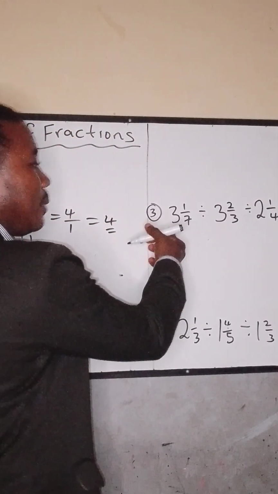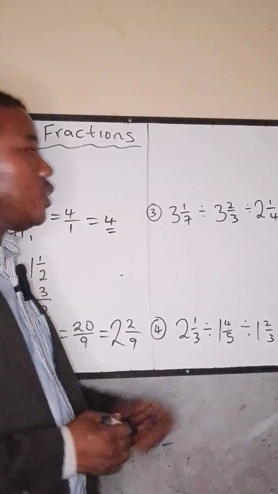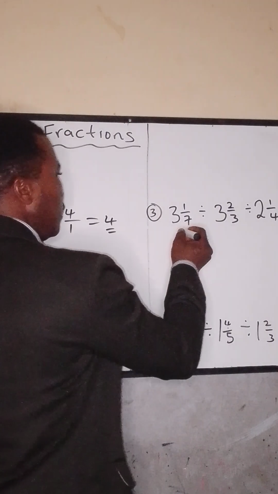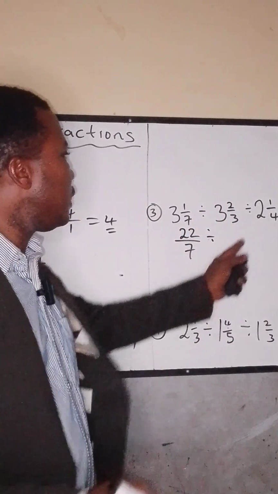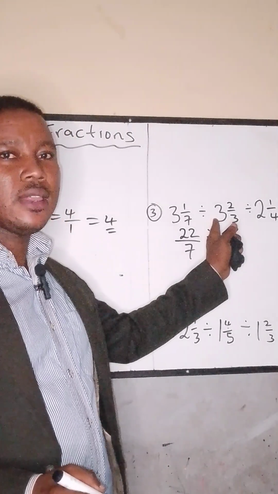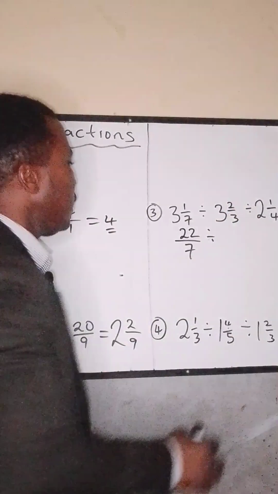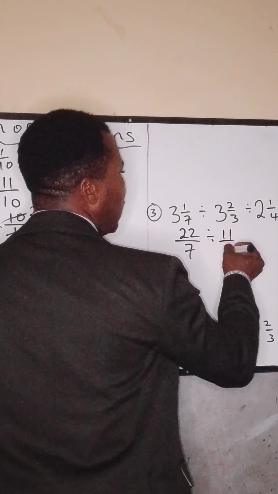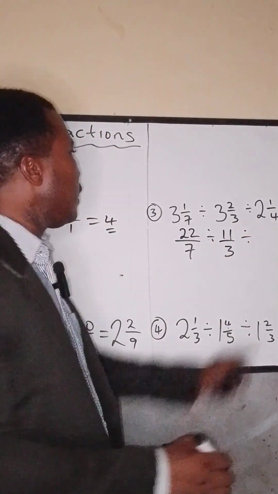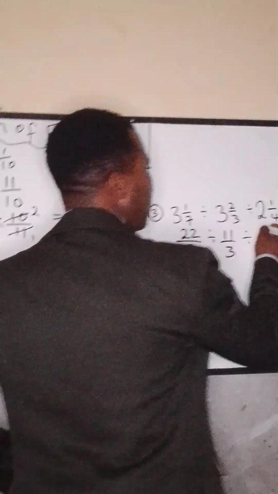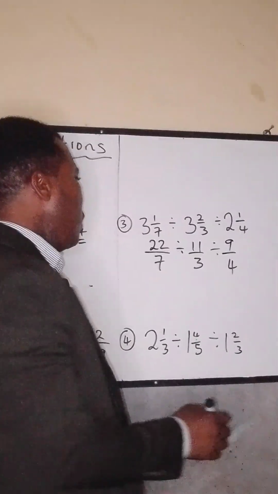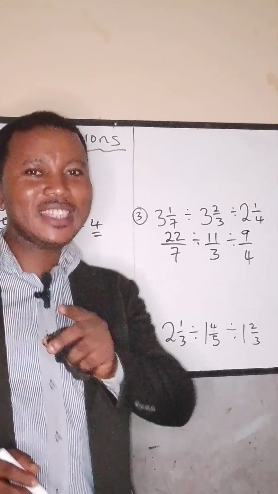Okay, so 7 times 3 is 21. 21 plus 1, we have 22 all over 7, divided by 3 times 3, which is what? 9. 9 plus 2, that's giving us 11 all over 3, divided by 4 times 2, which is 8. 8 plus 1 is giving us 9 all over what? 4.